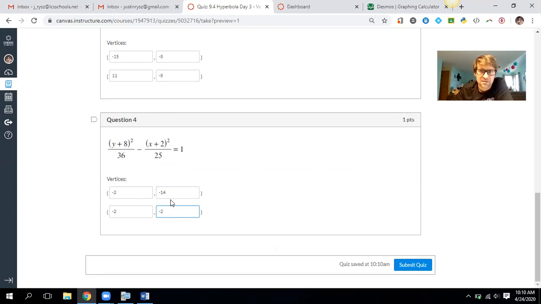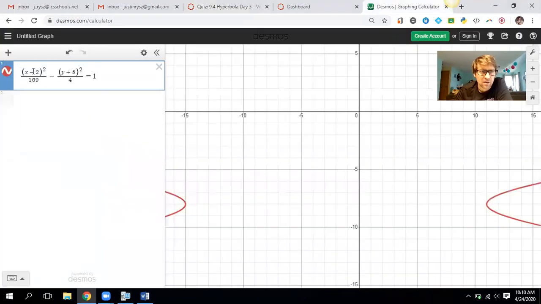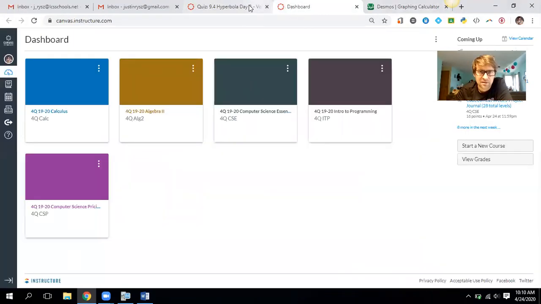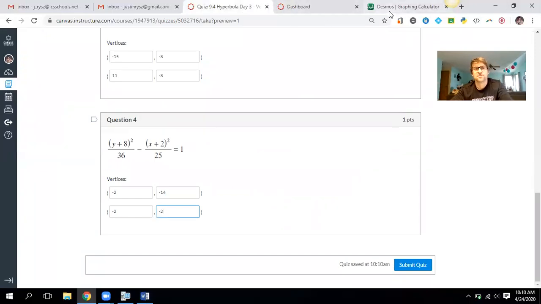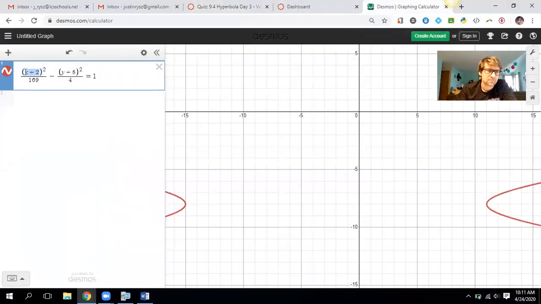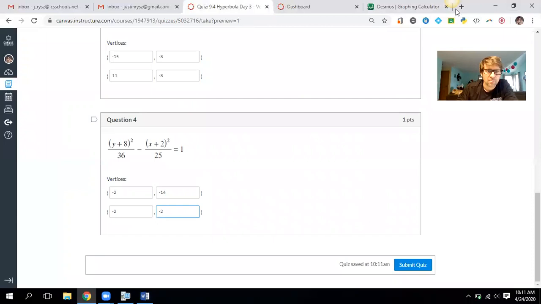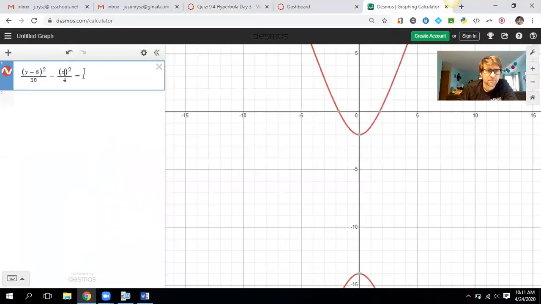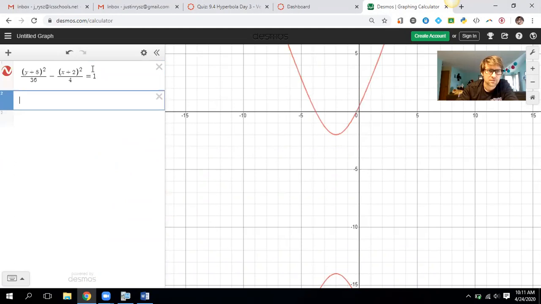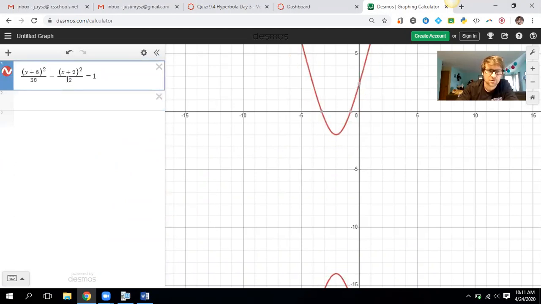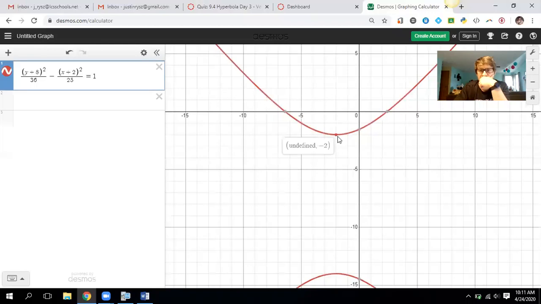So I'm going to type those into Desmos and see if I get those answers. We have y plus 8 over 36. And then we had x plus 2 over 25. Okay. What did it say?